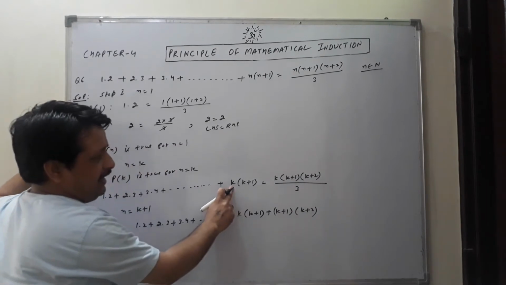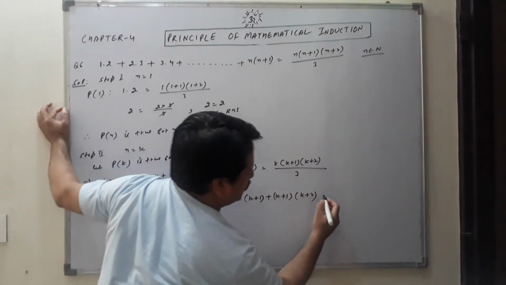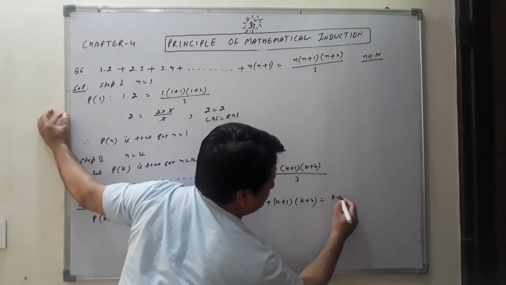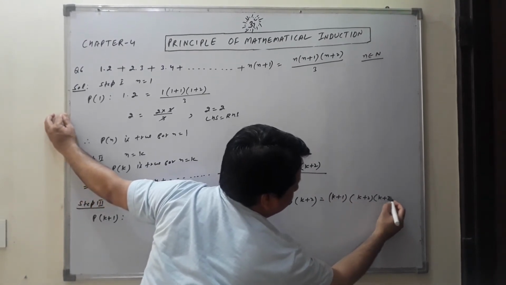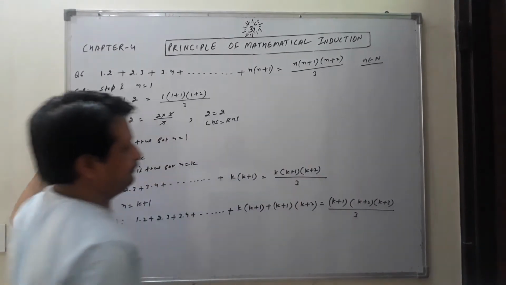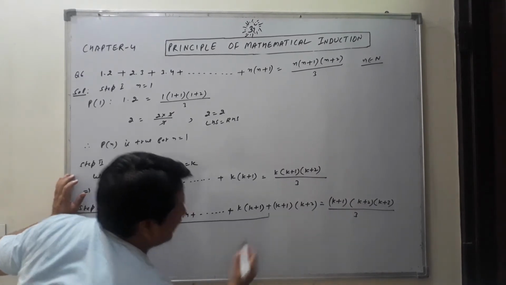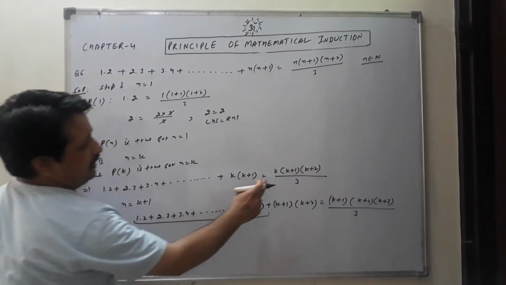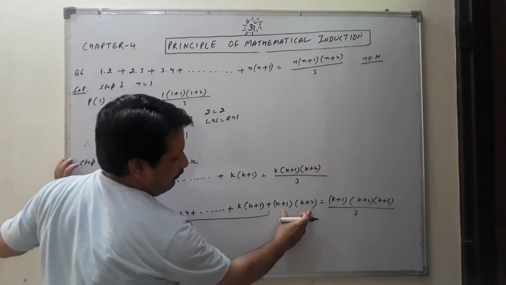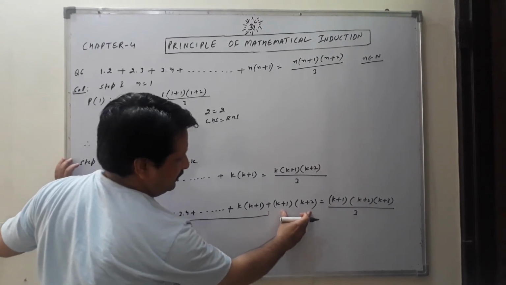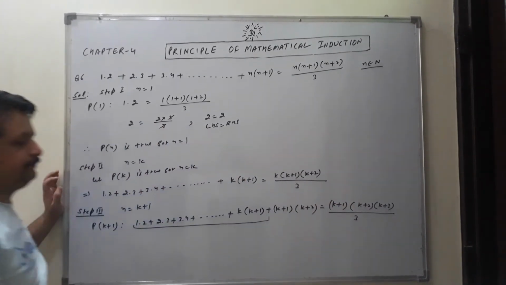Because when we make k as k plus 1, k plus 1 becomes k plus 2. This is equal to k plus 1 into k plus 2 into k plus 3 upon 3. Now, as I told you earlier, we use step number 2, put this value here, and by solving we will get the result that will come equal to the right hand side.